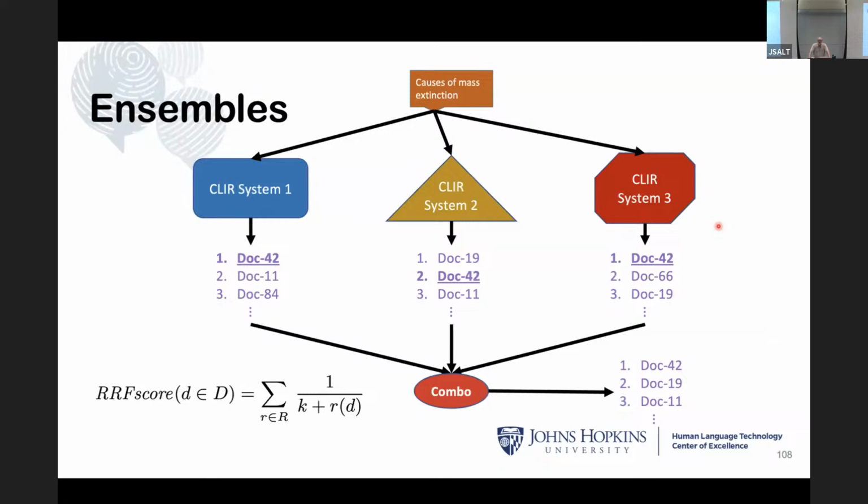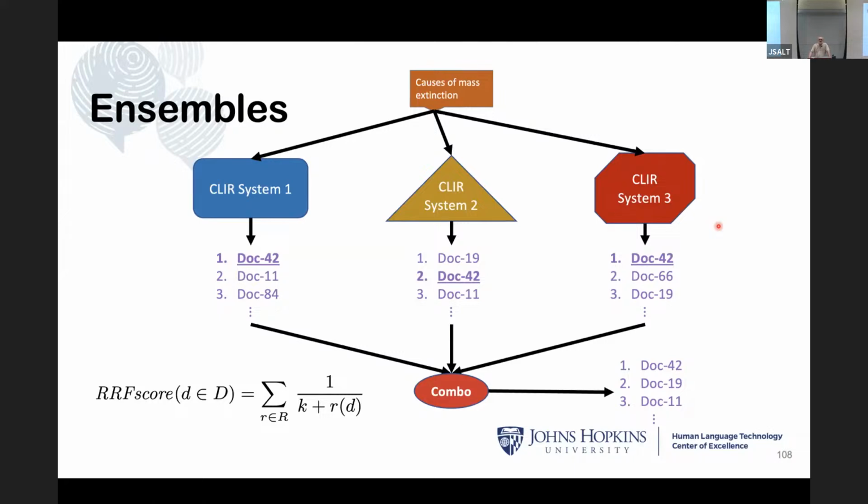Basically, you are looking at the rank of a given document in each of the lists and use the reciprocal of that rank, summing the reciprocals of that rank across all the lists to score that document, and then you order them by that score. Okay, it's a very simple combination.